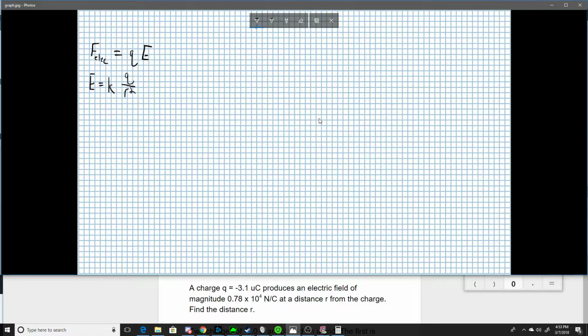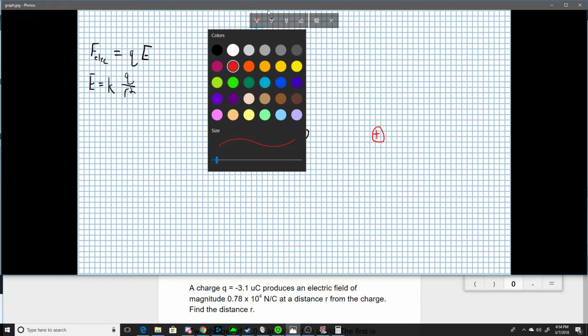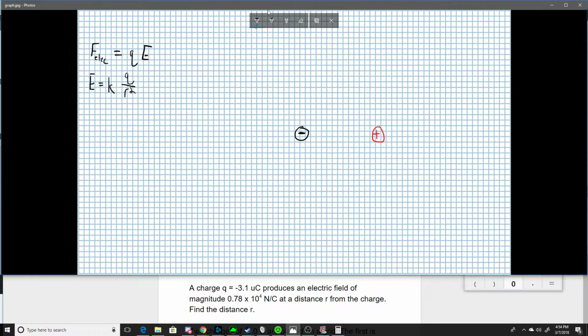All right. So really what we have here is this negative charge. And we know that the charge is negative 3.1 microcoulombs. But what's going on is we have a couple of things. The electric field, we say, goes from, let's say that actually had a positive charge right here. We would be drawing the electric fields as going from the positive charge to the negative charge.